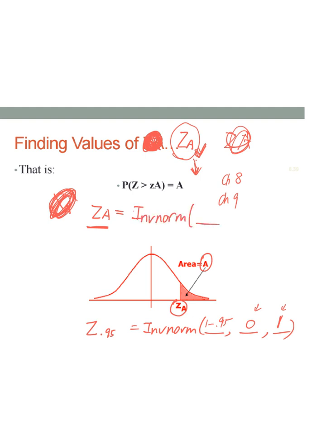The first input is 1 minus A, then 0, 1. So it's just a notation, but it represents a special random variable value. And how to find this special random variable value? We always use the inverse norm function. The first input is 1 minus capital A, and then the mean and standard deviation.